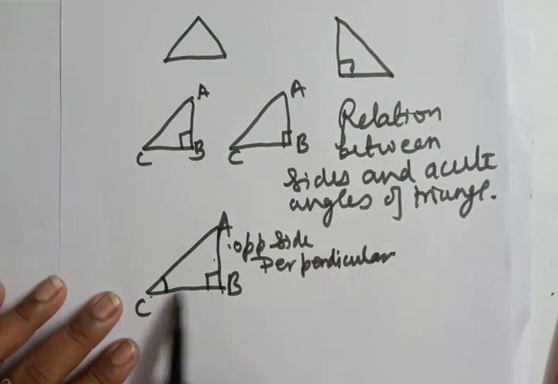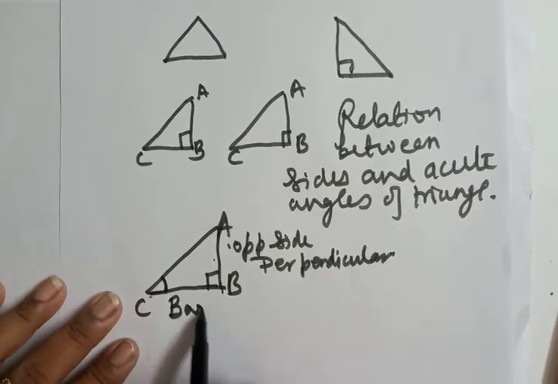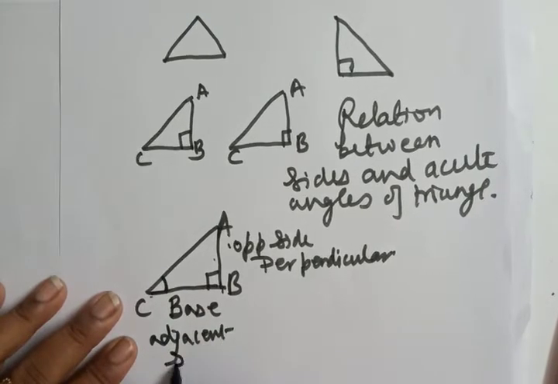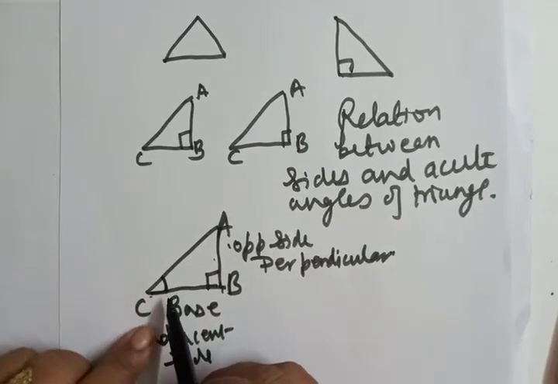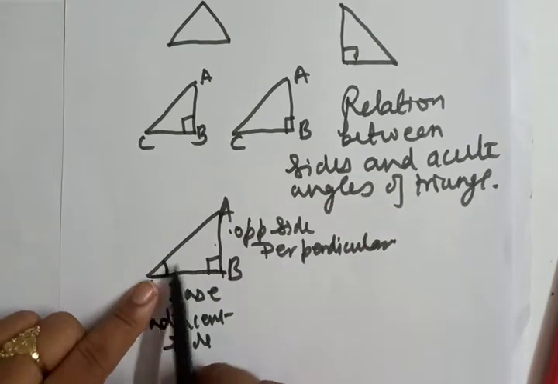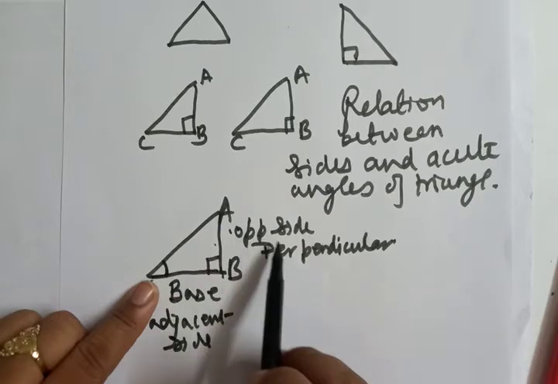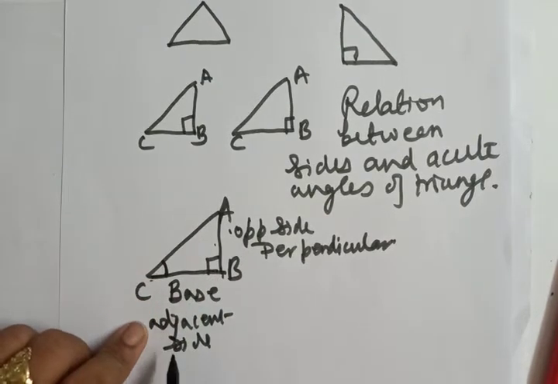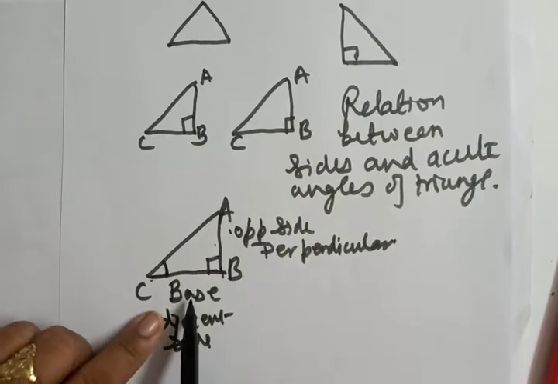And the adjacent side will be taken as the base. This is the adjacent side always. When we take the acute angle C, whatever the opposite side is, we take as the perpendicular, and the adjacent side we take as the base.